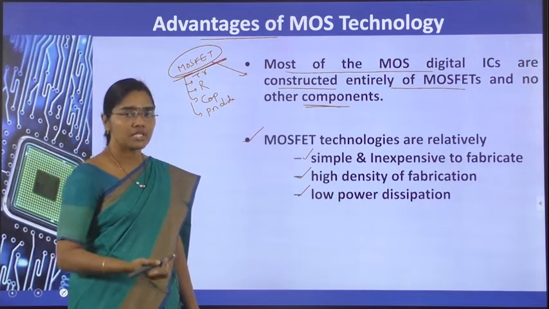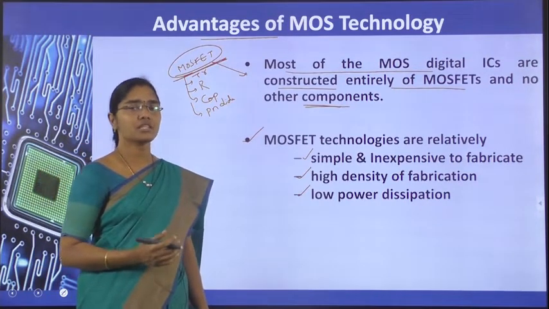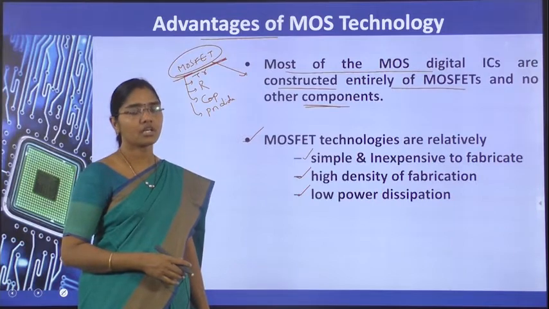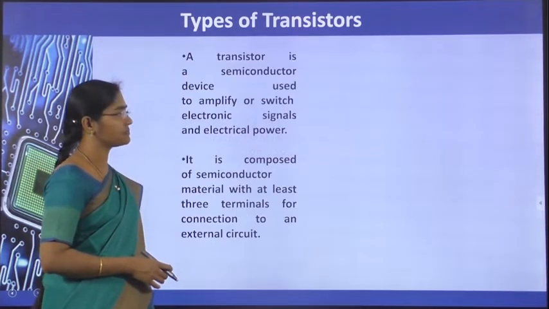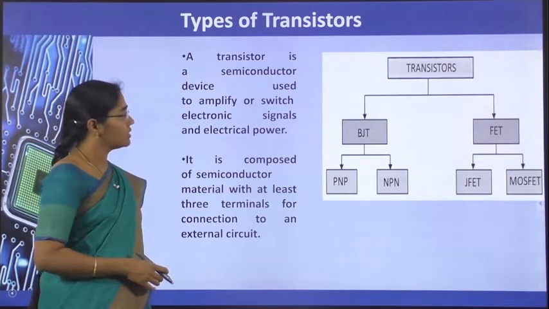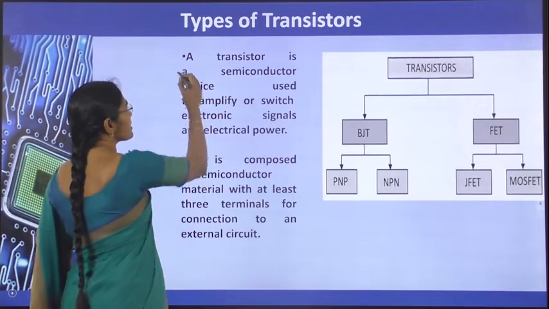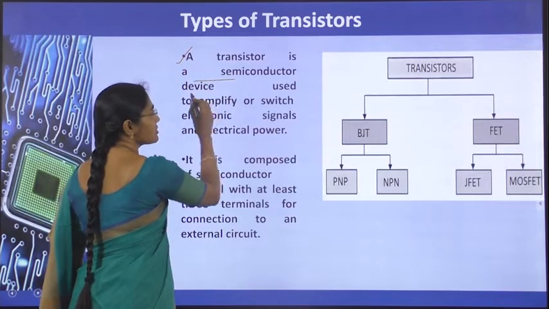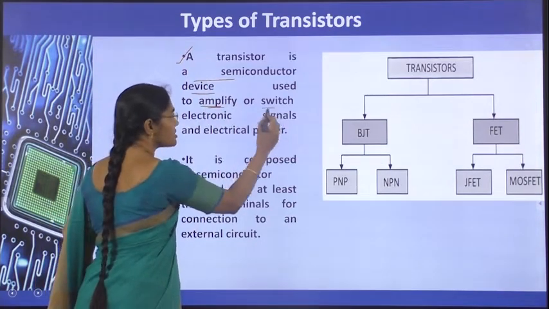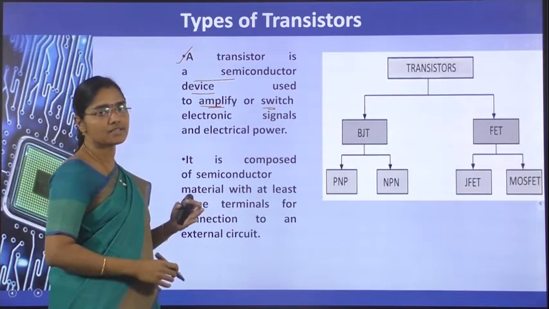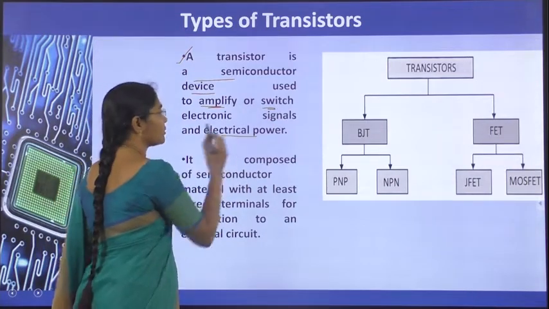Before going to the MOSFET transistor, let's see the definition of the transistor and the types of transistors. A transistor is a semiconductor device used to amplify or switch electronic signals and electrical power.